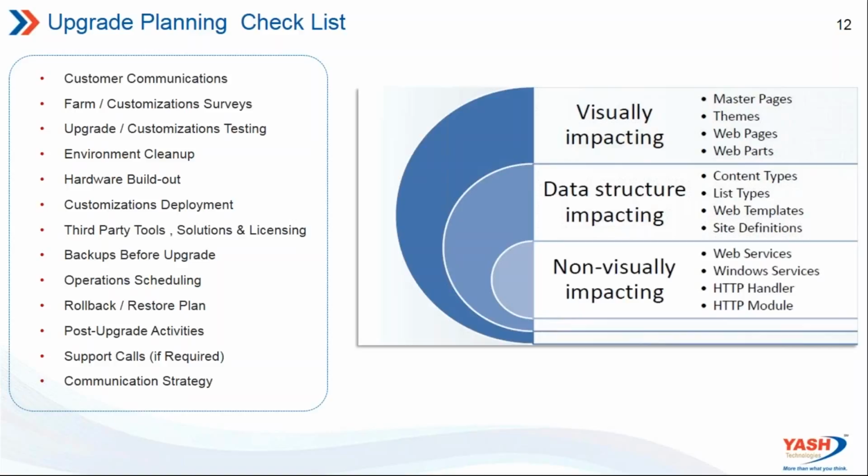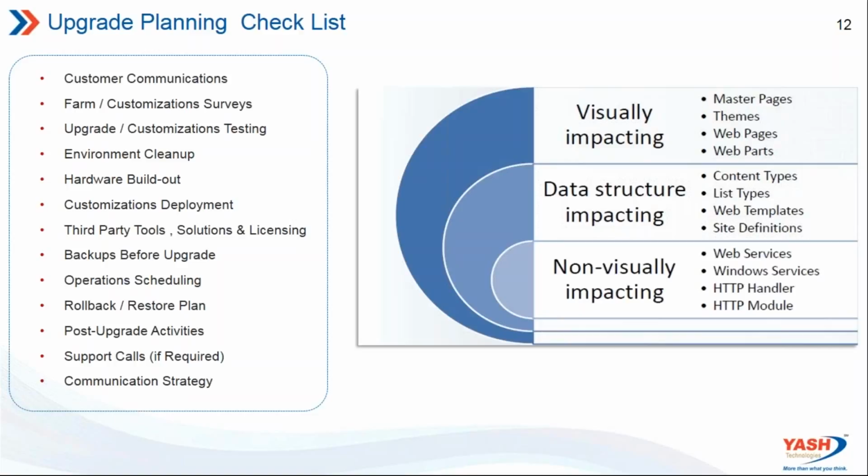And the form customizations, upgrade customization, environmental cleanups, static links, DNS aliases, hardware build out, because during the migration, we will need 3 times the disk space at the target location because the temp files are created and they are automatically deleted once the migration is done.